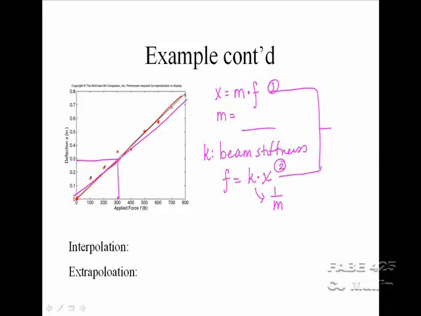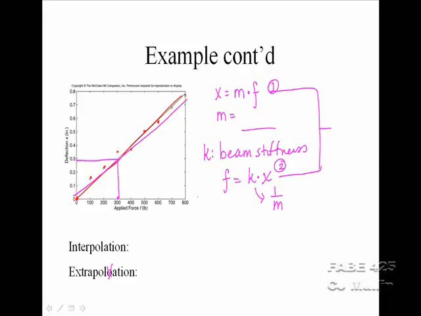We call that interpolation. Interpolation is when we're predicting the output based on our model within the range of the data that we have. The key part is within the range of the data. Extrapolation, on the other hand, and I've got some funny spelling here, is when we predict the outcome beyond the range of the data that we had.